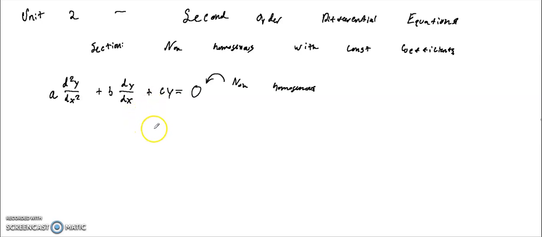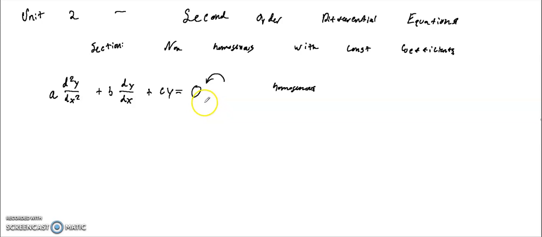And we're going to start this. This whole section is how to solve these second order differential equations. And to start, we're just going to be worried about homogeneous ones with constant coefficients.